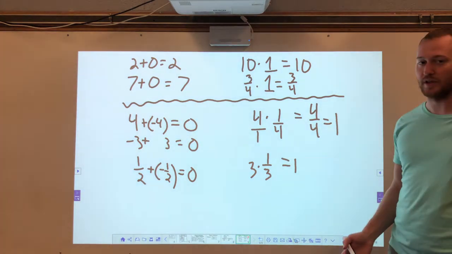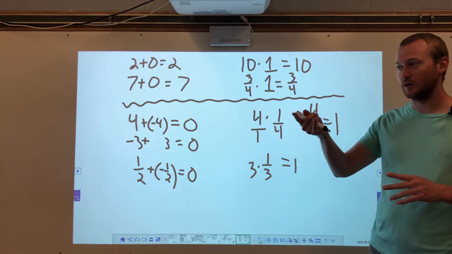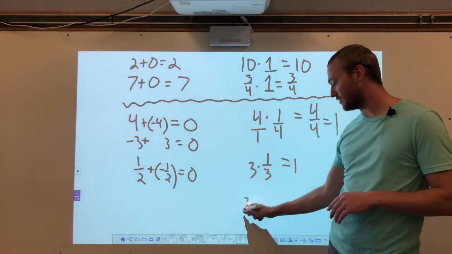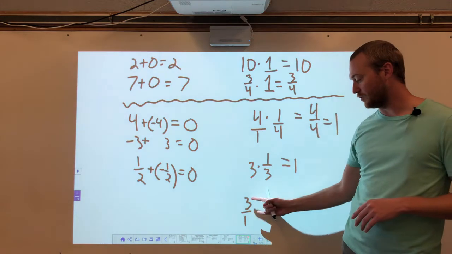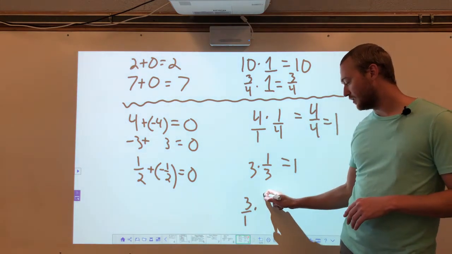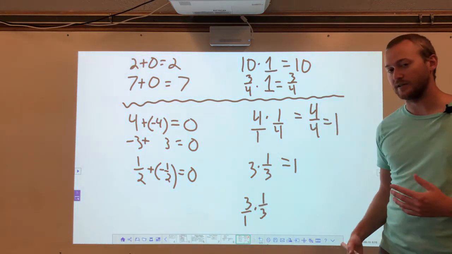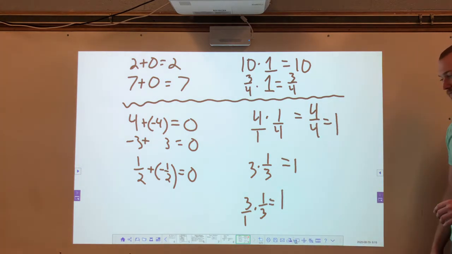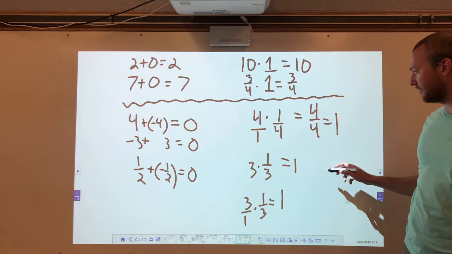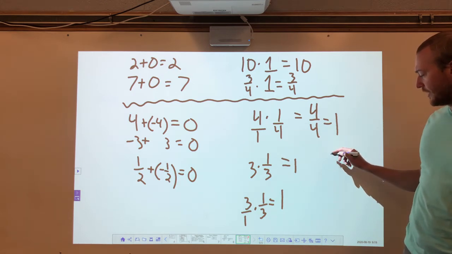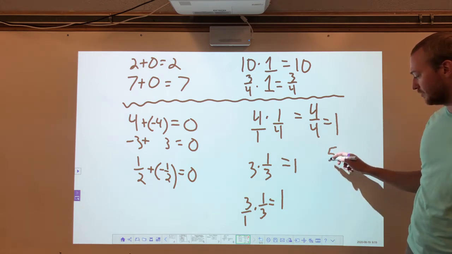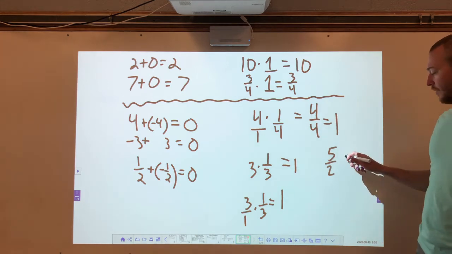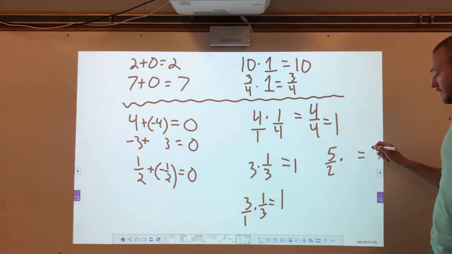I threw a new word there. It's reciprocal. Basically, we're flipping it. Because remember, 3 is the same as 3 over 1. If I flip the numerator and the denominator, I'm multiplying it by its inverse. I get 1. If I start with a fraction, let's do 5 halves, 5 over 2, what am I going to multiply by to get 1?